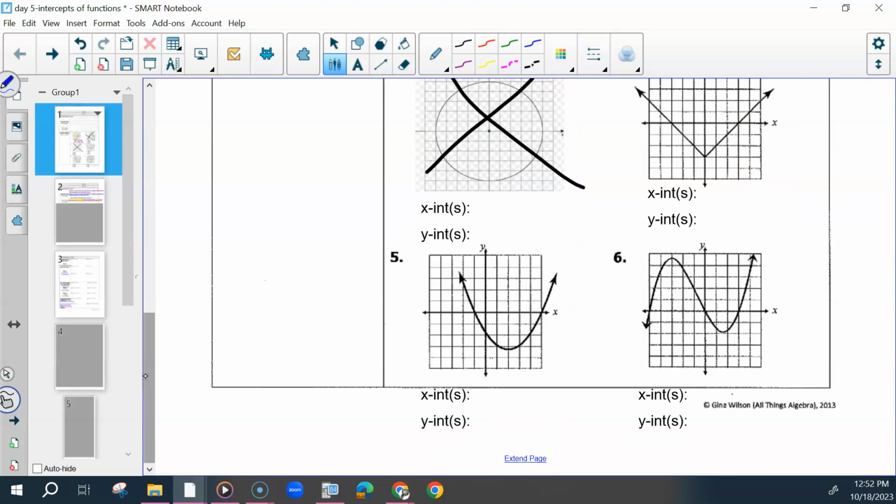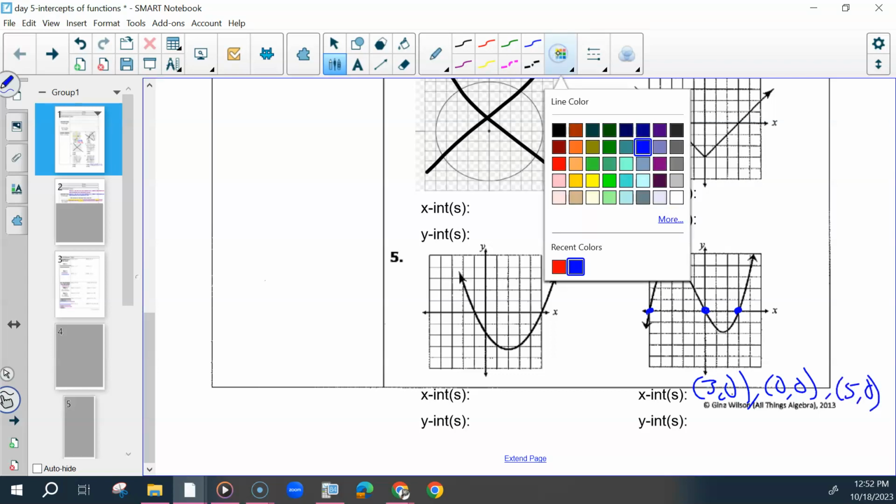So for number 6, there are multiple x-intercepts. What are they? Positive 3, 0. What's another? 0, 0, the origin. And then one more. 5, 0.